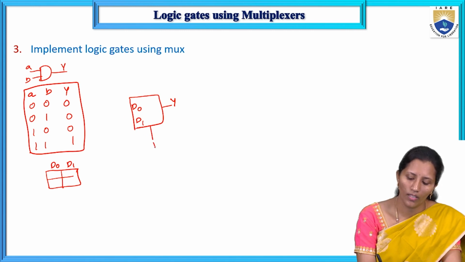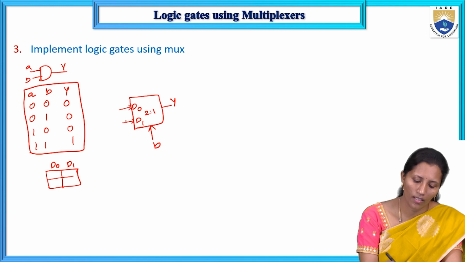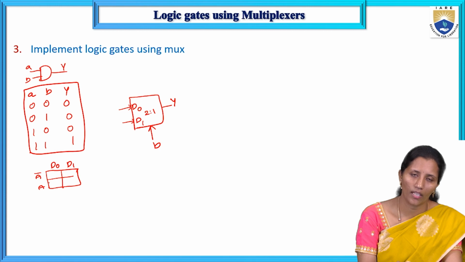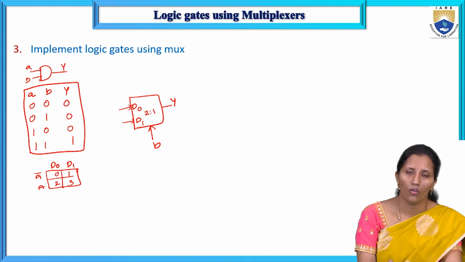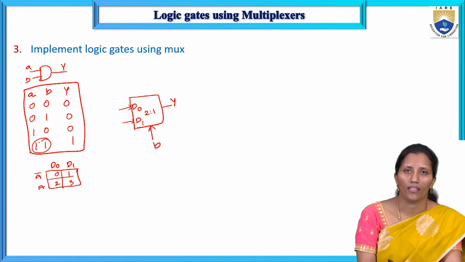Here I have to take B as the selection line, because a 2:1 multiplexer has one selection line, and I have to know what the inputs are here. So A bar and A. In the first row we write A bar and in the second row we write A, 0, 1, 2, 3. Okay. So here the output is 1 for only minterm 3.